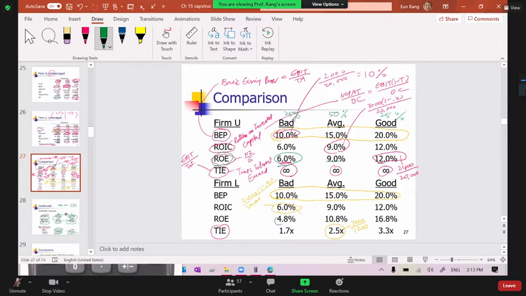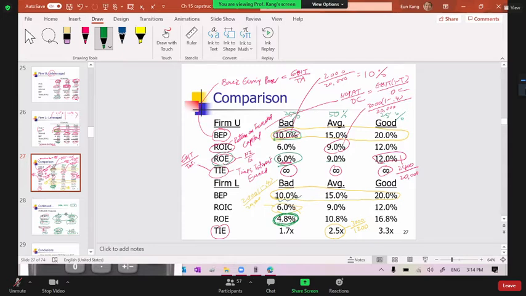Firm L is 4.8%. By borrowing, your return is lower. Why? Look at this. BEP is only 10% when the interest rate is 12%. So actually, borrowing makes your company worse because you don't generate enough return.